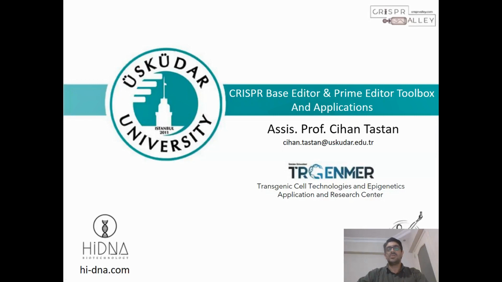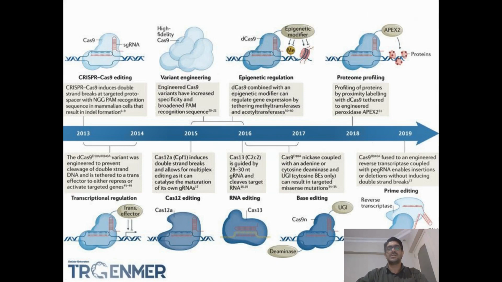And today what I'm going to talk about is related to CRISPR gene editing, especially nuclease editing with the base editor or the prime editor. When we look at how the CRISPR gene editing toolbox has been improving, especially in 2017 and 2019, there are two different nuclease editor technologies combined with the CRISPR-Cas system.